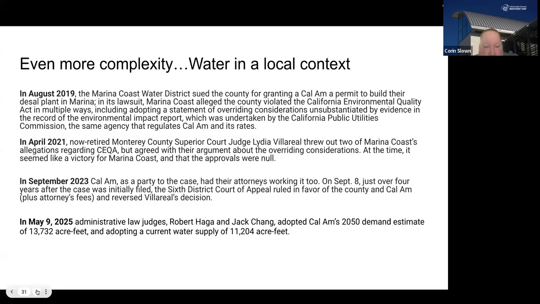Then in September 2023, Cal-Am had their attorneys file an appeal and they reversed the judge's decision. As of May 9th, 2025, two judges adopted Cal-Am's demand estimates and their current supply, paving the way for approval and potentially the permits being granted to build the desalination plant.